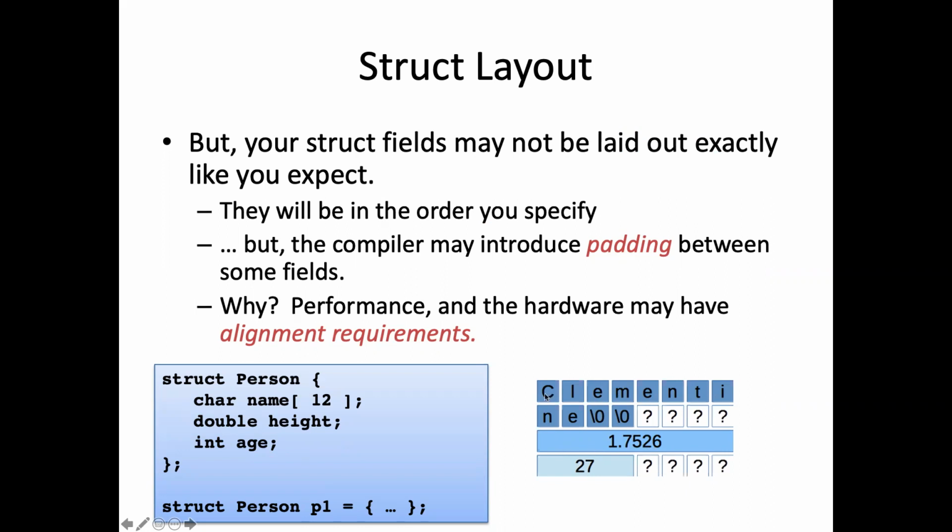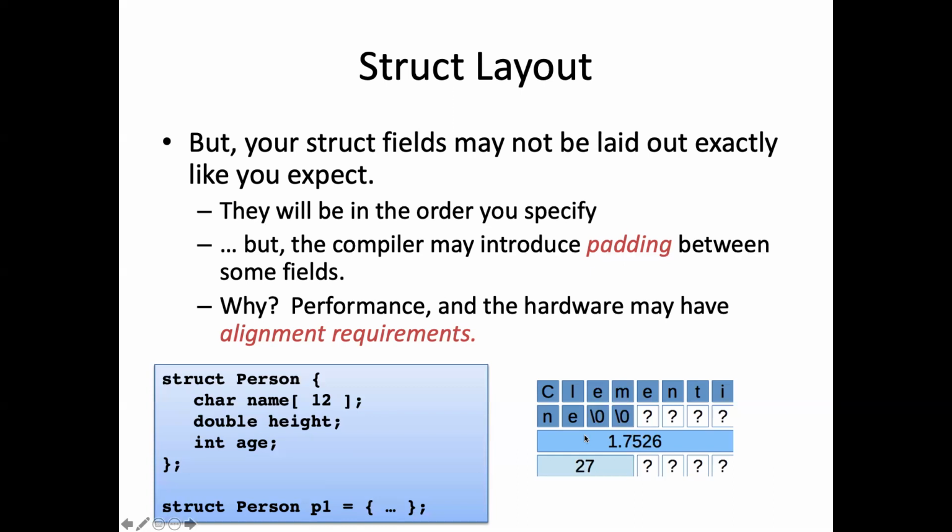Again, if the struct starts at an address that's 8-byte aligned, that's a multiple of 8, then leaving that 4 byte gap would make sure this double also starts at an address that's a multiple of 8. And after this int, it would leave another 4 byte gap to do the same thing that we just talked about.